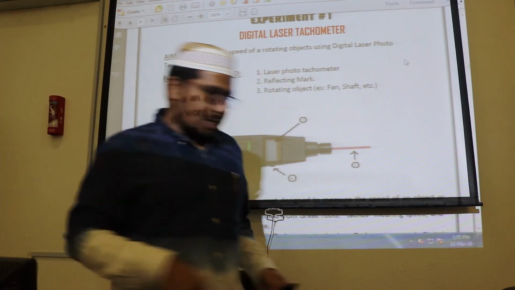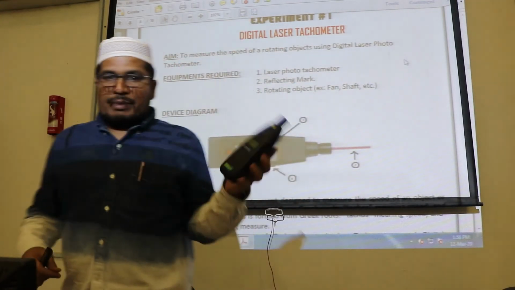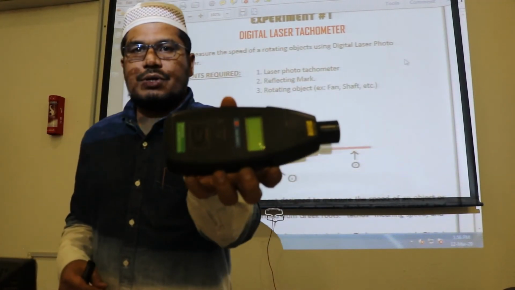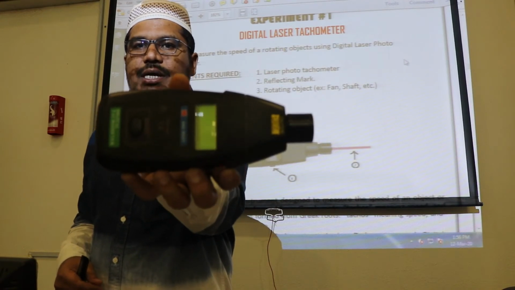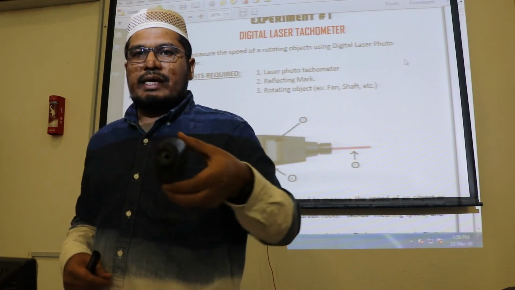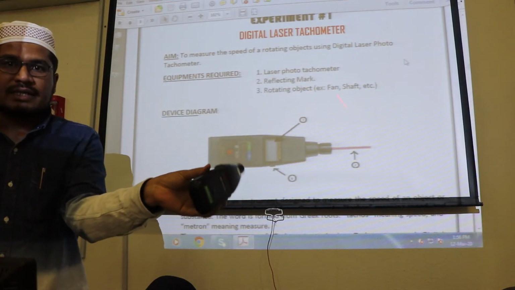In this tachometer we have some parts. So that laser I will show you. Now, this is the actual digital laser tachometer. In this, if you press continuously, a light will come out. You can see on the screen there is a light continuously.